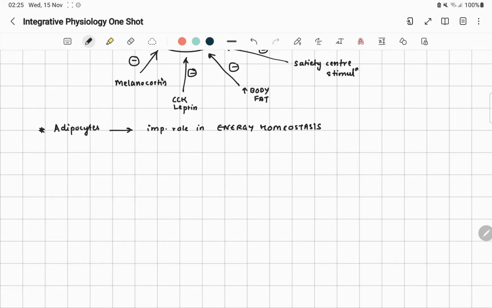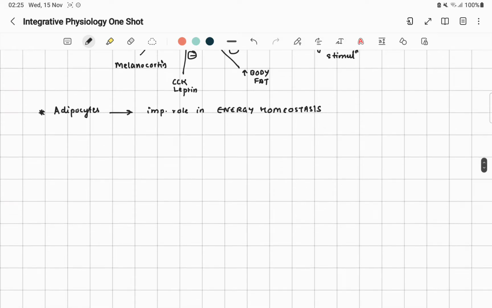Leptin, the hormone secreted by adipocytes, has an important role in energy balance, and it also regulates it. Why is it important in energy homeostasis?